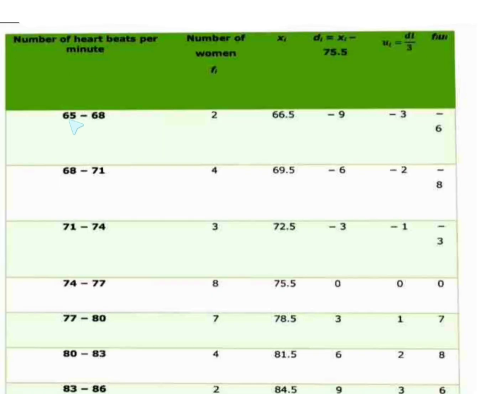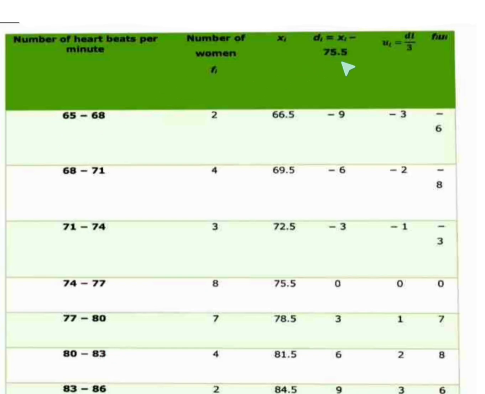For the number of heartbeats per minute 65 to 68, the number of women, fi, is 2. Xi is the midpoint of 65 and 68, which is 66.5, and d is equal to xi minus 75.5, because the assumed mean is half of 65 plus 86, that is 151 by 2, which is 75.5.